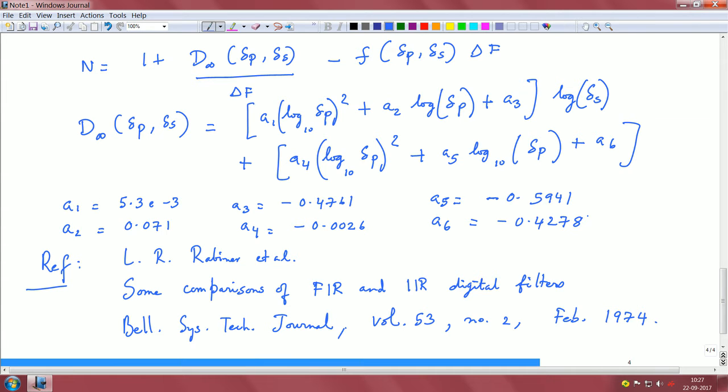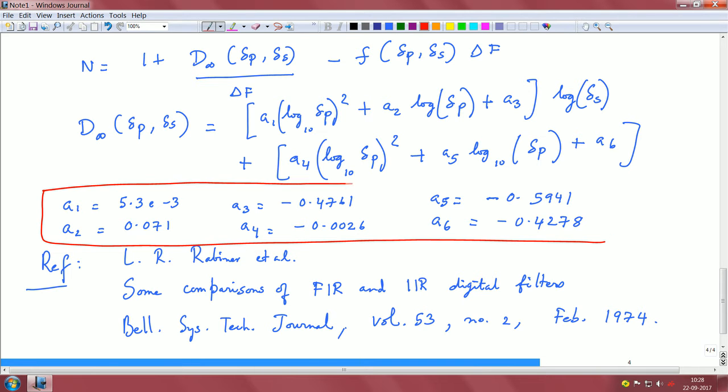It looks like a quite messy formula, and this is empirical.